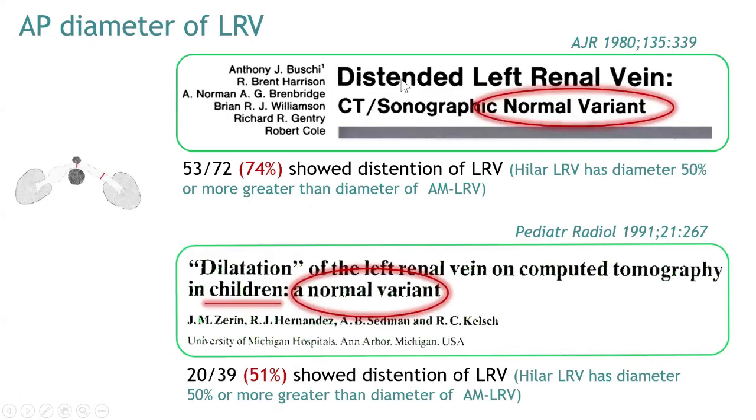And here are two old papers saying that a distended left renal vein is a normal variant.